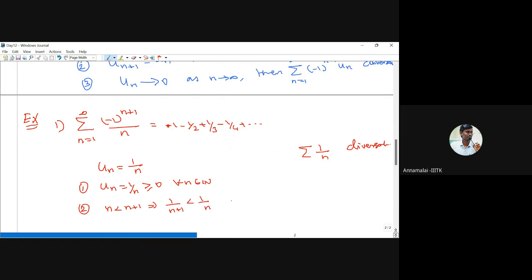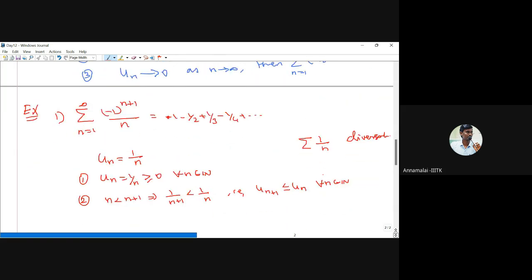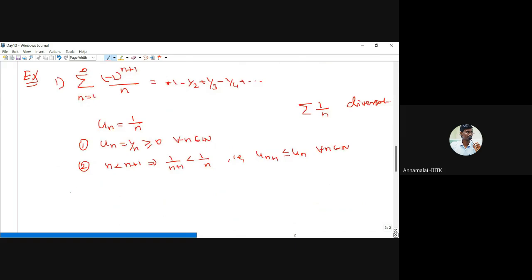So un plus 1 is less than, we can write less than or equal to, that is not an issue. This is always true for any natural number. Therefore, this un satisfies the second condition also. Now the third condition is clear, 1 by n converges to 0. Therefore, un, which is 1 by n, converges to 0 as n goes to infinity.